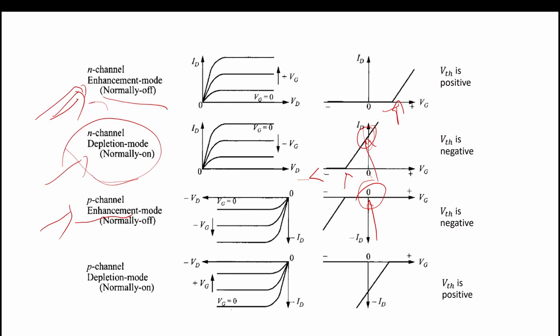If the metal work function is very high, this will be an N channel depletion mode type. If the metal work function is very low, and it is P channel, P type, in this case the VTH is positive. So enhancement mode is normally off, but depletion mode is normally on. We need to apply a voltage at the gate in the reverse direction to turn it off.